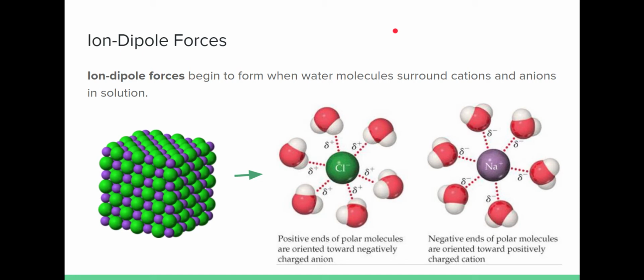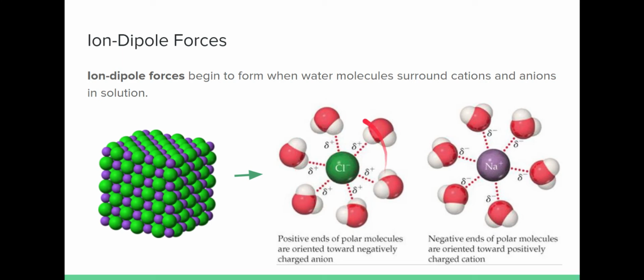The reason why water is able to do this is because of a very special intermolecular force called an ion dipole force. Ion dipole forces begin to form when water molecules are able to surround cations and anions in solution. In the case of a negatively charged ion, opposites attract, and the slightly positive hydrogens are attracted towards that negative anion.